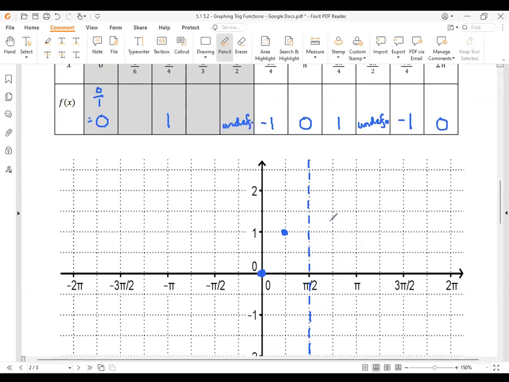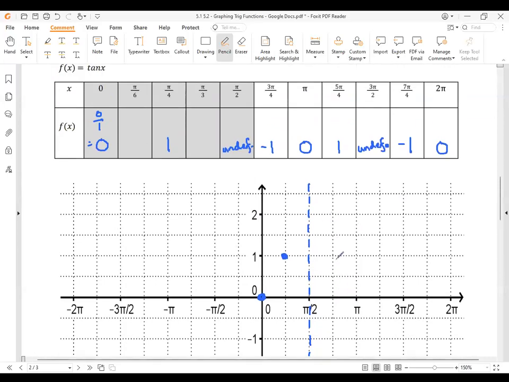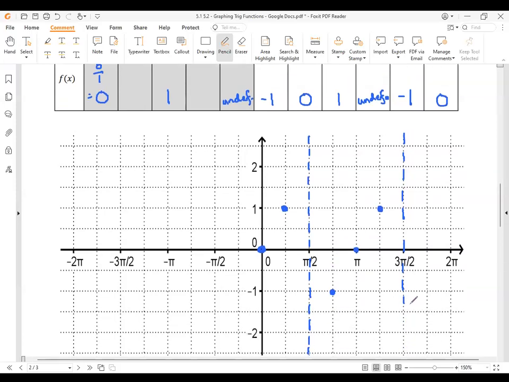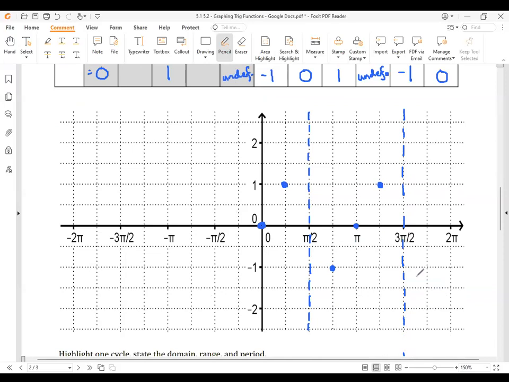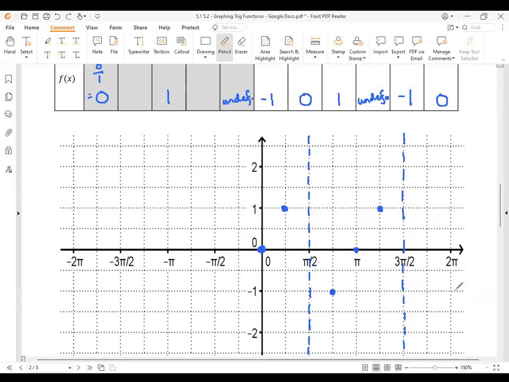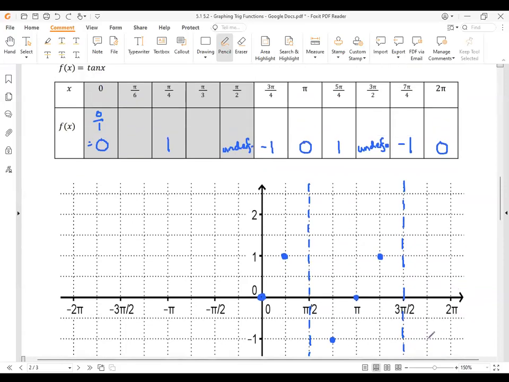At 3 pi over 4, it's a negative 1. At pi, it's a 0. At 5 pi over 4, it's a positive 1. And then 3 pi over 2 is another asymptote. And then I have a negative 1 again, and then a 0.